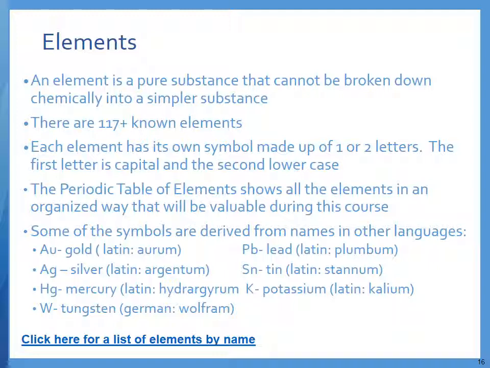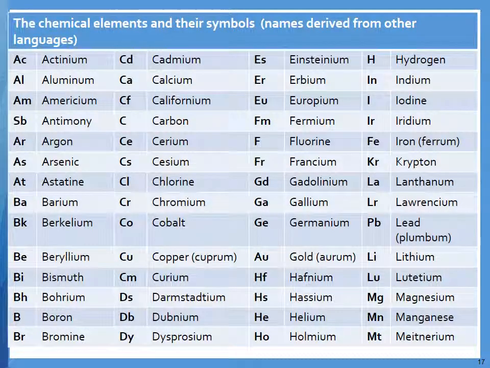If you are looking at my PowerPoint, you can click there for a list of elements by name. That takes you to a website that has all the elements and some interesting facts about each element. But on this slide, I've listed the elements with their symbols, and in parentheses, if it came from some other language, where the symbols come from.